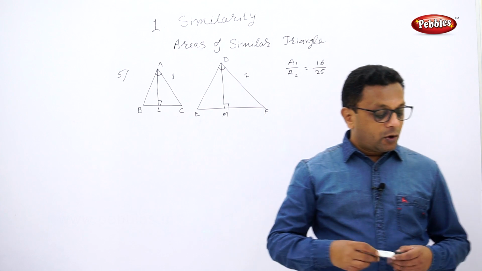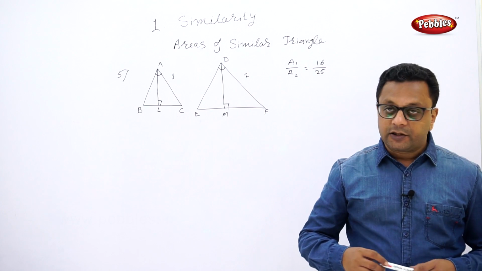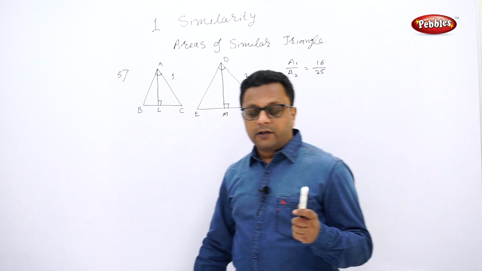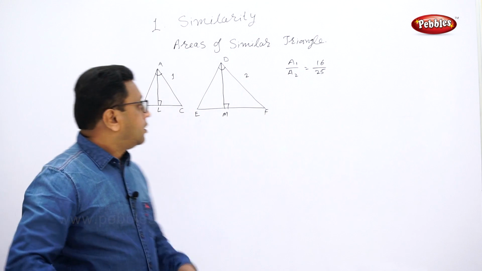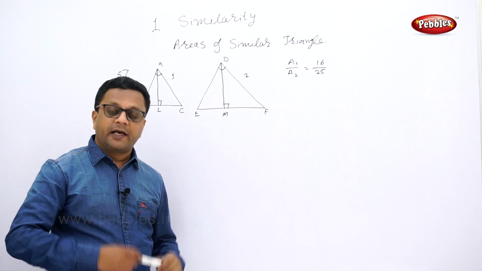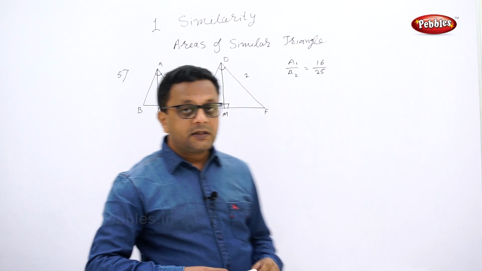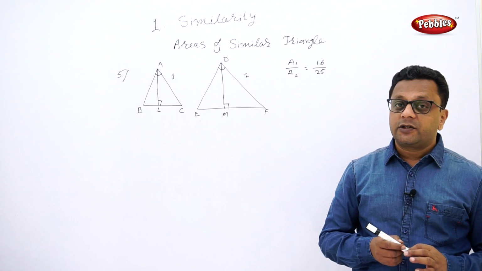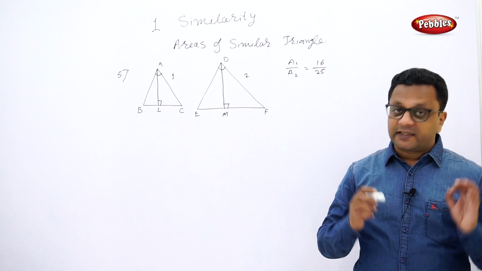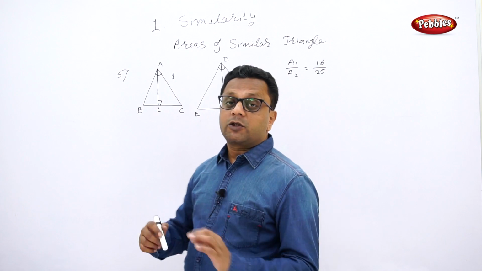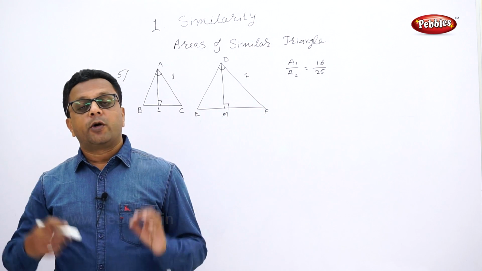Find the ratio of their corresponding heights. Corresponding heights ratio. We know that by the theorem, the ratio of areas of similar triangles is equal to the ratio of squares of their corresponding sides, maybe corresponding medians, corresponding altitudes, corresponding perimeters.